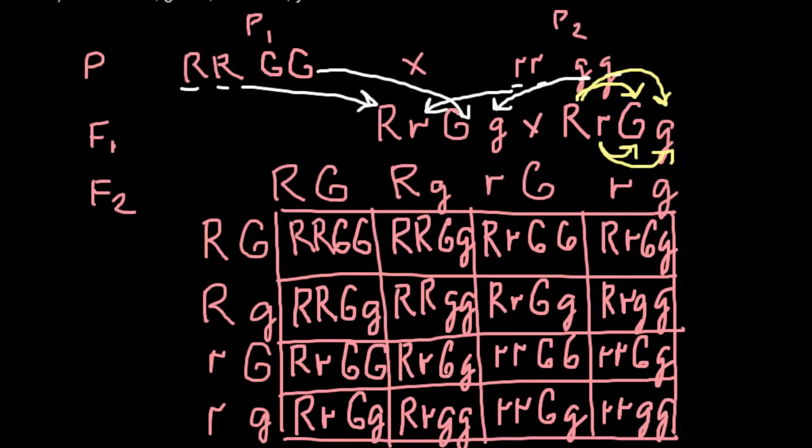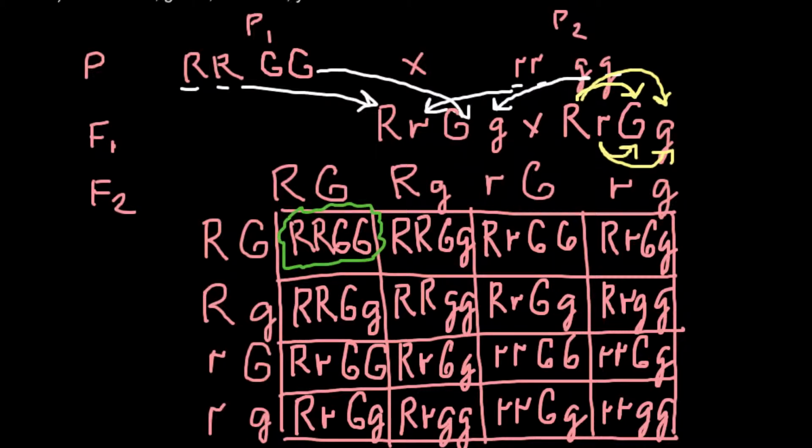phenotypes we have here. So we have all the listed genotypes, and now we have to find what phenotypes we got here and what the ratio is. So here in the first cell we have capital R, that stands for wrinkled, and capital G stands for green. So this is going to be wrinkled and green.